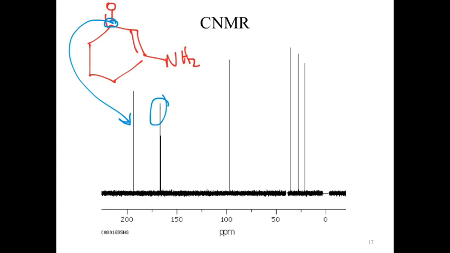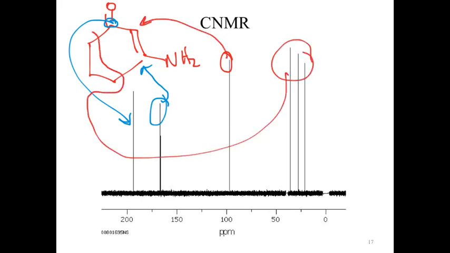Okay, so that probably means that it is the one closest to our nitrogen. We've got our other double bond carbon, and then we've got our alkanes making up the rest. Okay, so there's all of those individual pieces.